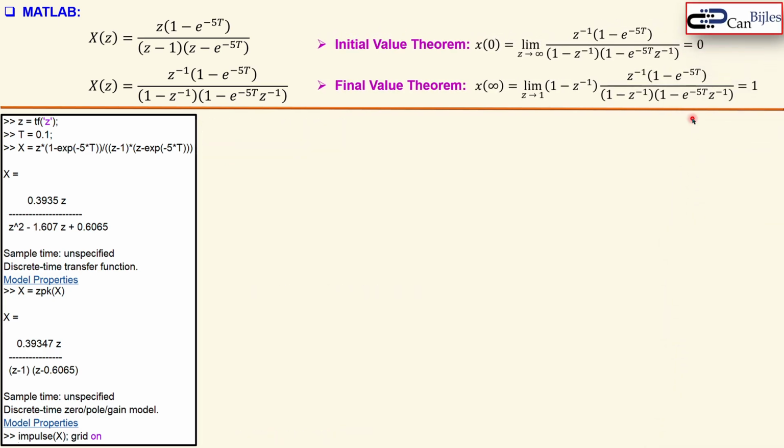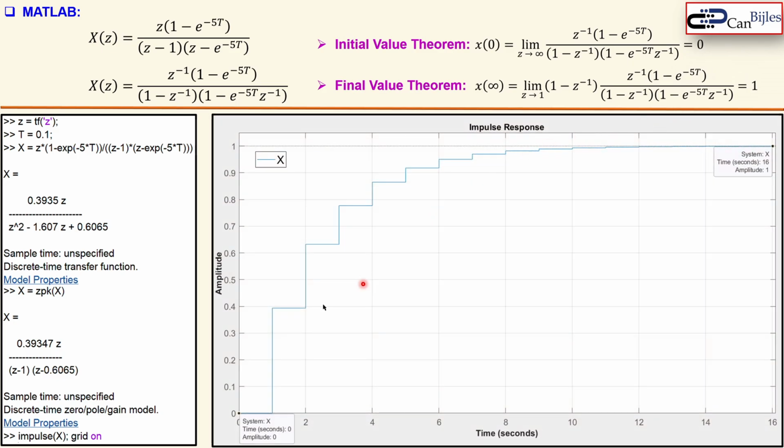That's the next part, which is our impulse response of this function X. What you see now is that at the beginning we start indeed at time equal to 0 and our value is 0. So at time 0 the value is indeed 0. The initial value is 0, that's checked.